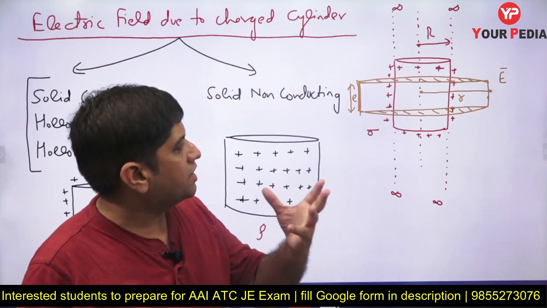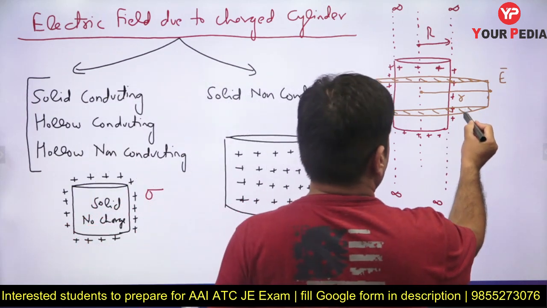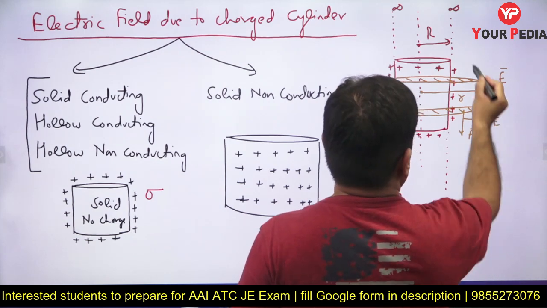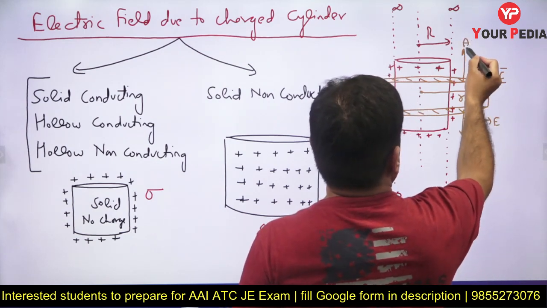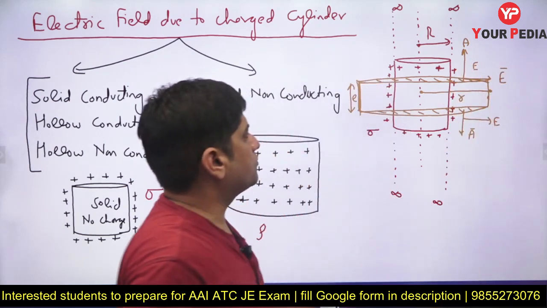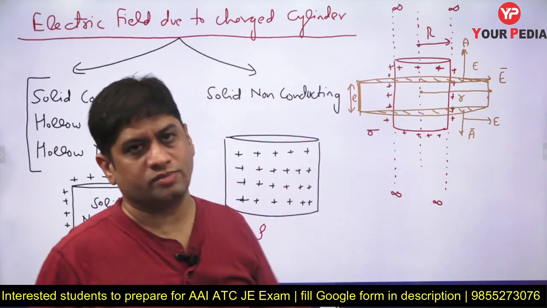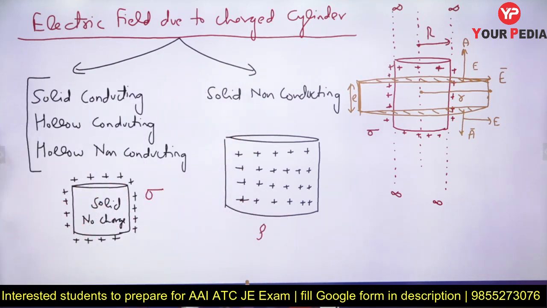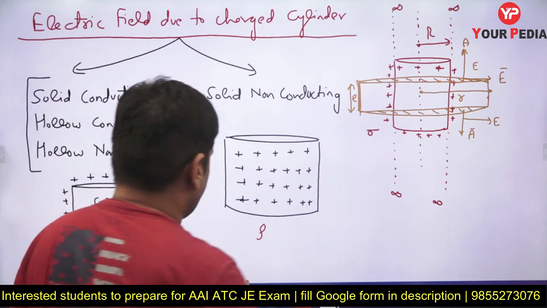Now electric field and area vector: on this surface the area vector is this, electric field is this. So there is no electric flux from the top surface and bottom surface. There is electric flux only in the curvilinear part. What is the formula we have?